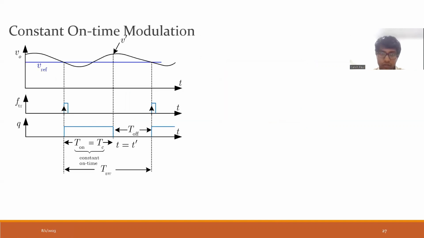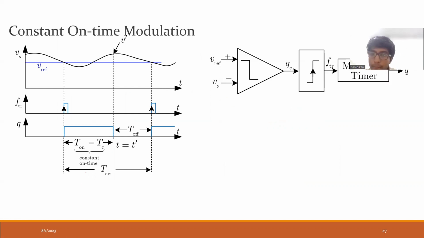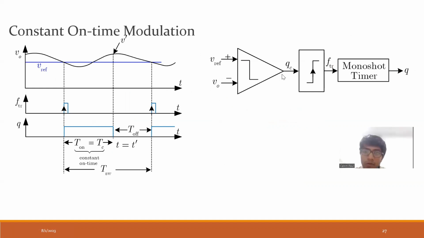Now we'll proceed to constant on-time modulation. So these are examples of fixed frequency modulation. But let us go to constant on-time modulation, where we have a reference voltage over here and we have an output voltage over here. Whenever the output voltage falls below the reference voltage, it gives a trigger.